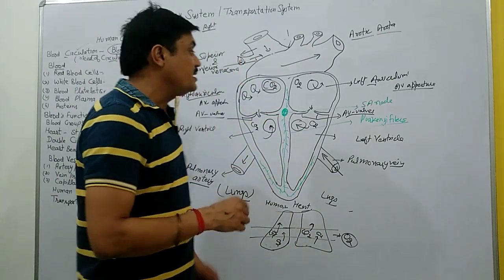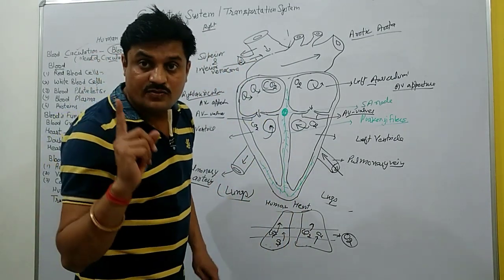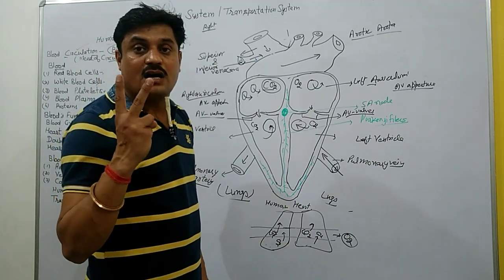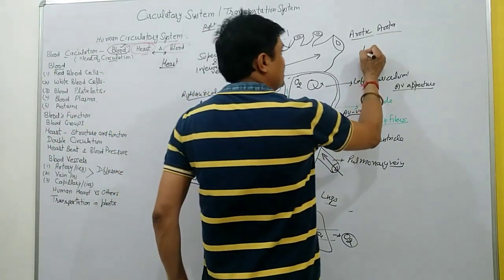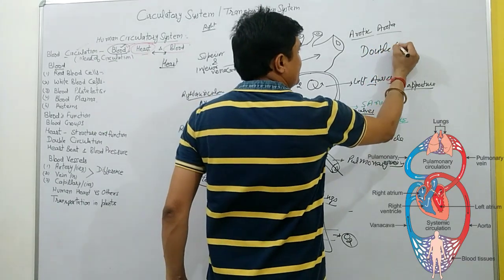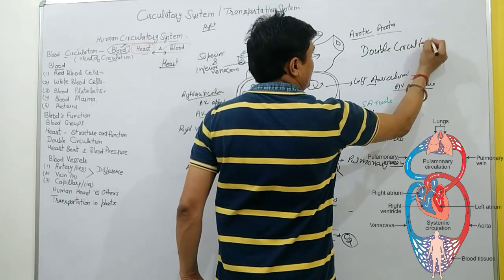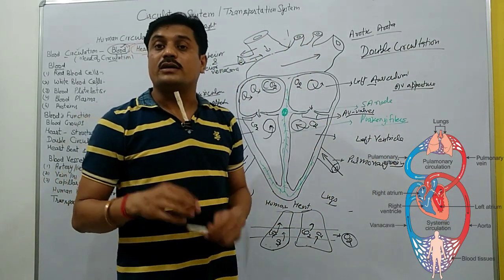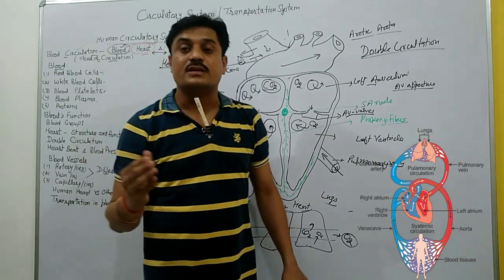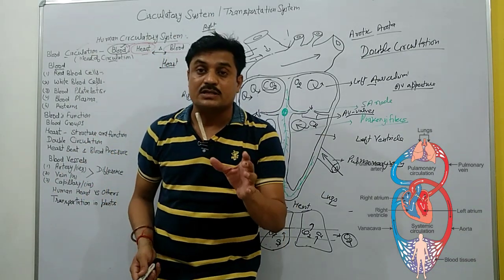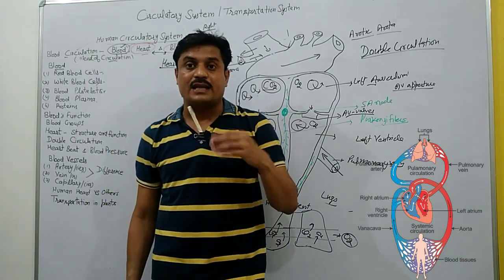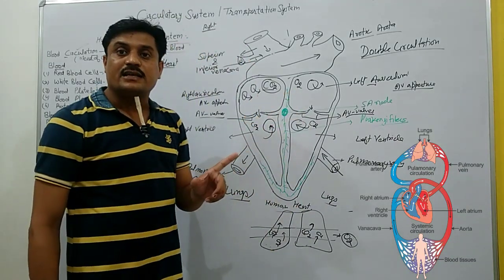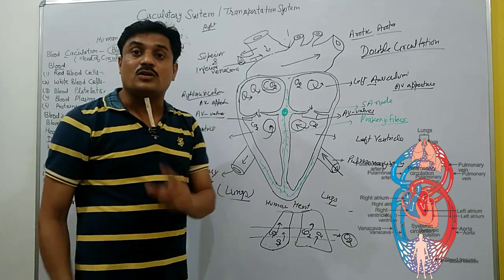Thus you must notice here in this course, the blood passes twice through the heart. It is known as double circulation. What is double circulation? In the case of the human heart, in higher organisms which have four chambers of the heart, like the mammals and the birds, the blood passes twice through the heart in its course.